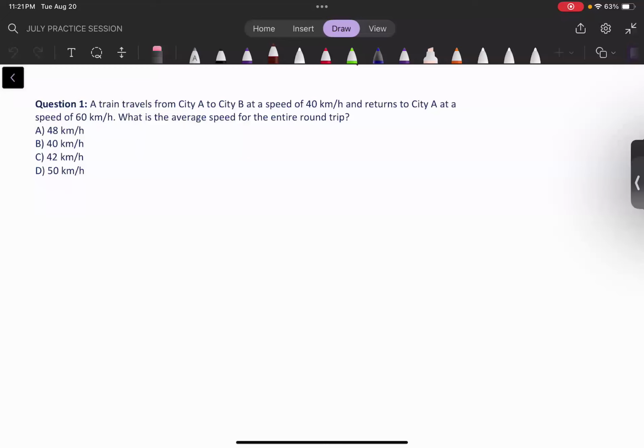Correct, 48. So my dear, here also we can solve it by the same formula, total distance by total time. But that will not be that good an approach.